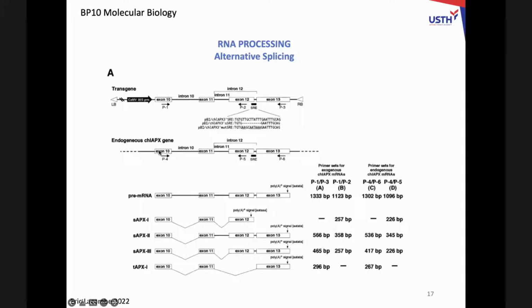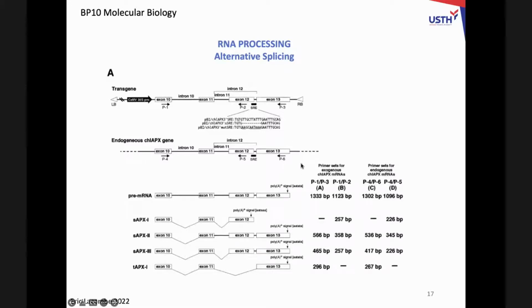The first version is the normally spliced version of the hnRNA, which means that exon 1 is conserved in the mRNA, intron 10 removed, exon 11 conserved, intron 11 removed, exon 12 conserved, intron 12 removed, and exon 13 conserved. So from that, you have one protein that is going to be translated that contains the coding sequence of exons 10, 11, 12, and 13.